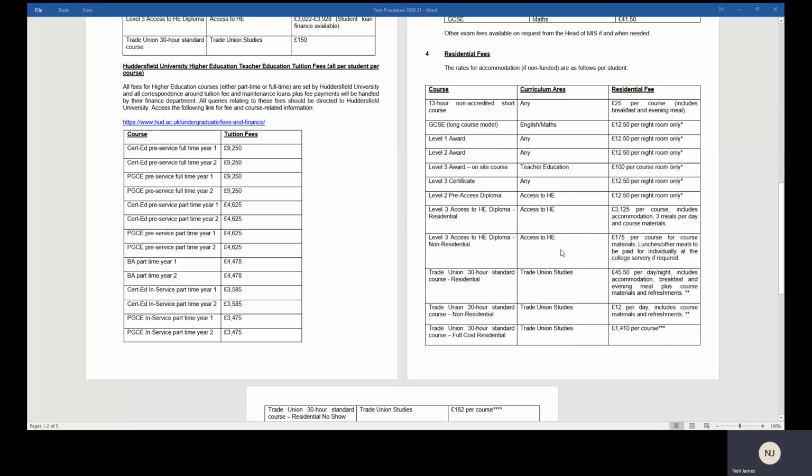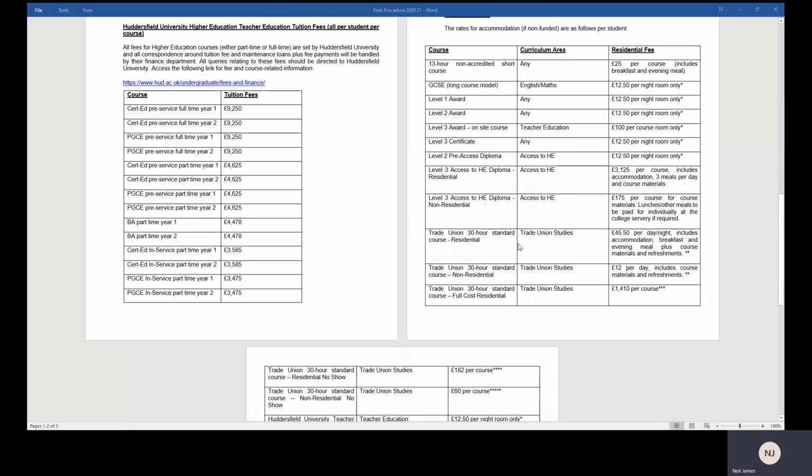And there's the fee for the residential element for the non-residential students, which is basically around some course materials. Those students will now pay at the servery if they require meals. So that will just be done ad hoc whenever they want to get a lunch, or if they're staying later to work in the library and they want an evening meal, they'll just pay in the servery. There'll be nothing loaded onto a badge or anything for them. They'll just literally pay as required.